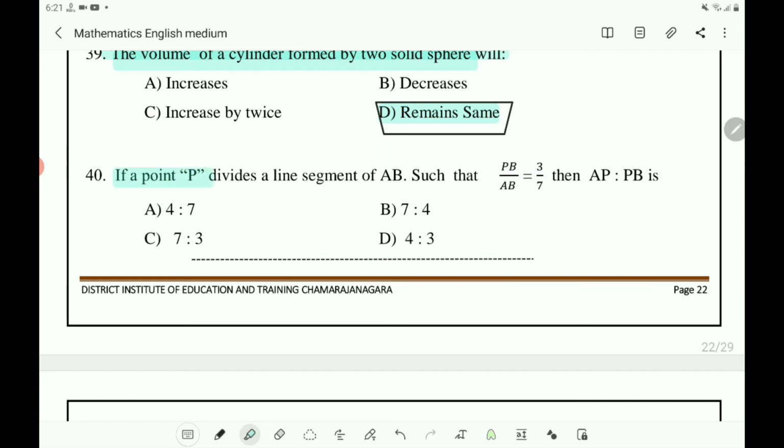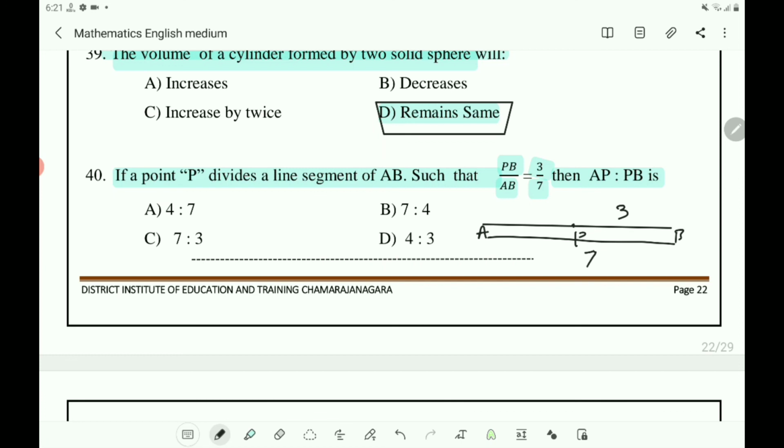If a point P divides a line segment of AB such that PB by AB equals 3/7, then AP is to PB is. Now you consider AB is a line. P divides such that PB 3 part and this AB 7 part.